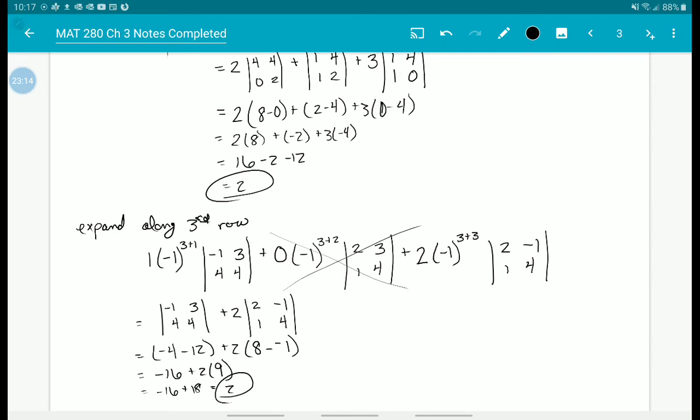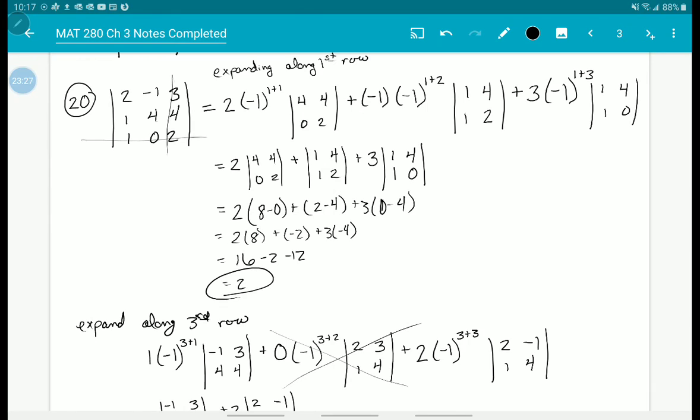Now we can, like I said, expand along any column or any row. We expanded along the first row and got 2. We expanded along the third row and got 2. Let me show you what a column expansion looks like. So with this one, we could have said, oh look, I've got a 0 here in this column. So I could go down this column and use the negative 1, 4, and 0 as those entries here.